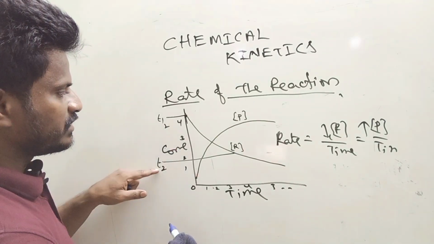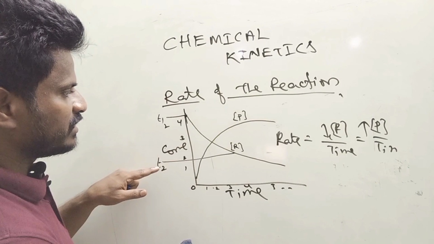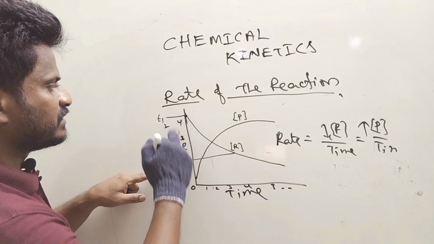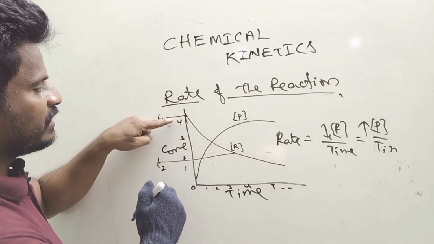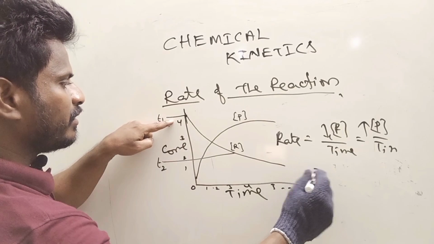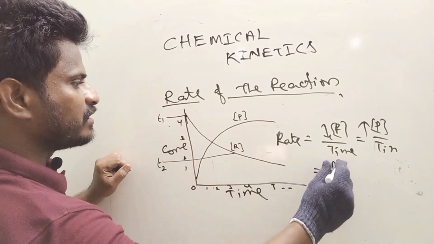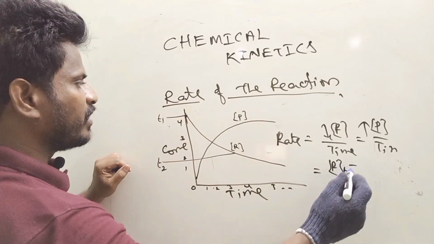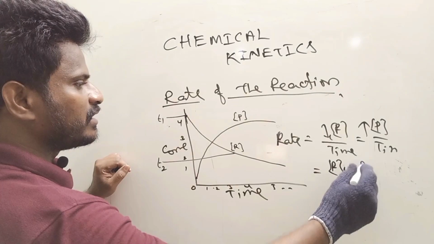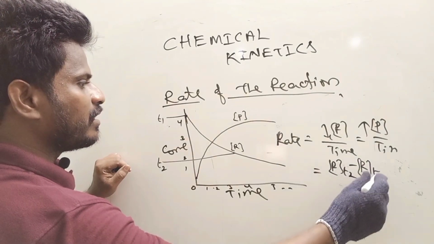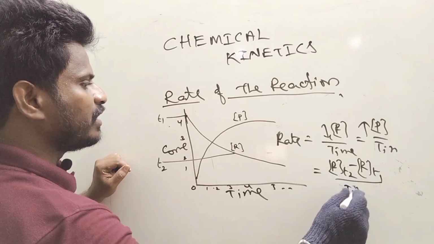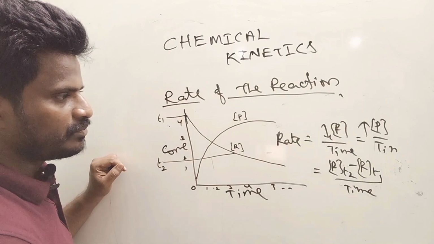Change in concentration indicates the concentration of the reactant at time T2 minus the concentration of reactant at time T1, divided by the change in time.